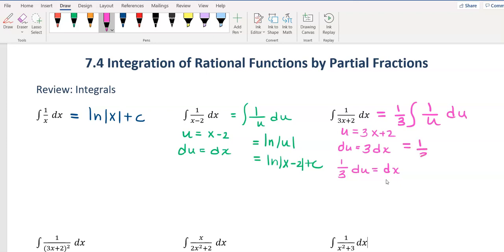That 1/3 just carries down to the ln of the absolute value of u. And then, of course, replace at the end your u with whatever you set it equal to in the beginning, which in this case is 3x plus 2. And don't forget your plus c. So those are the first three. So I'd like you to take a moment and work on the next three.